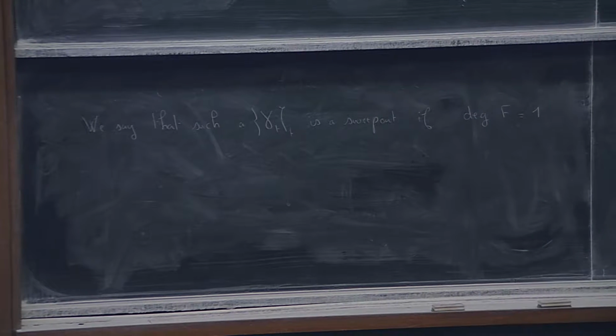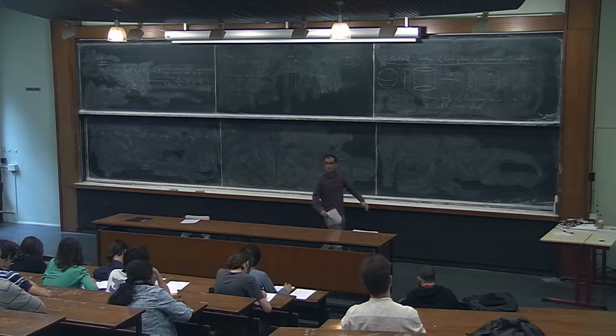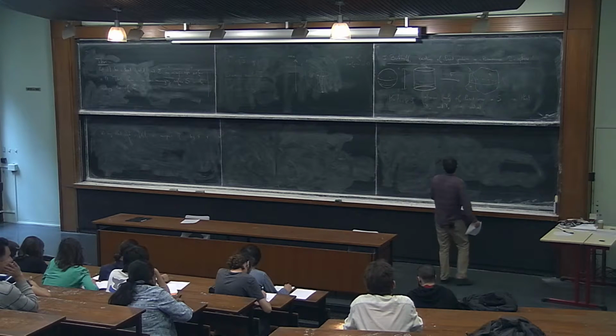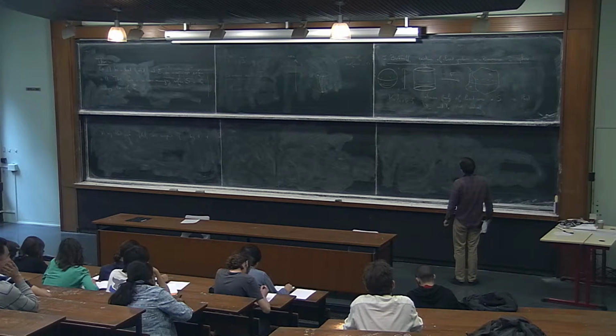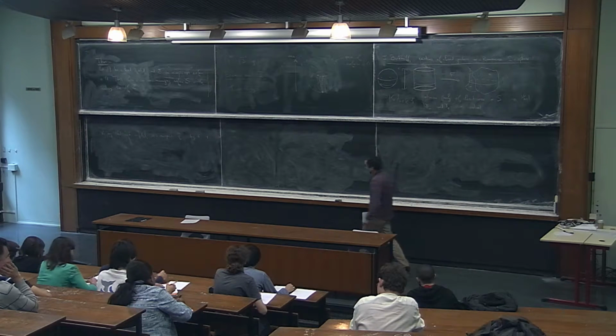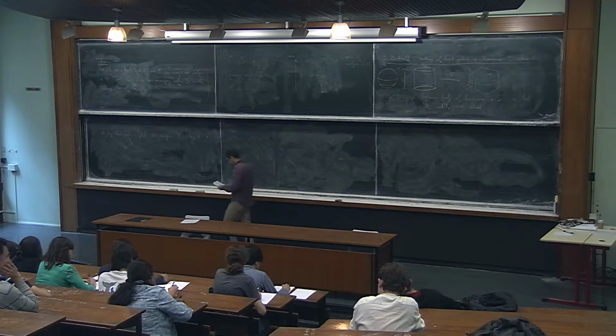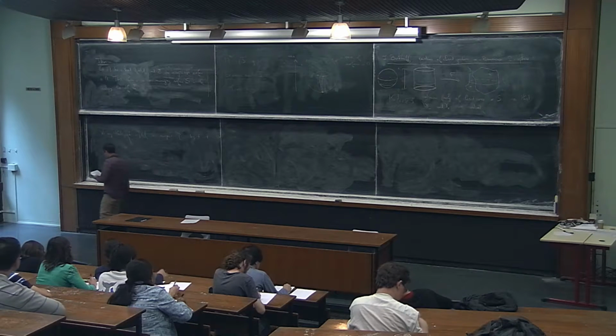So it's a continuous map from the sphere to the sphere, so it has some degree. And you say that this continuous family of curves is a sweep out if the degree of F is equal to 1. Okay.